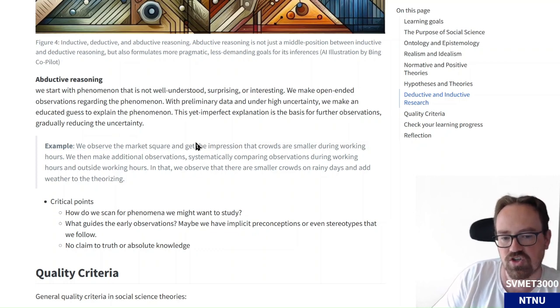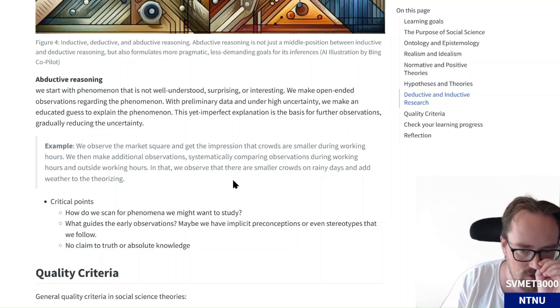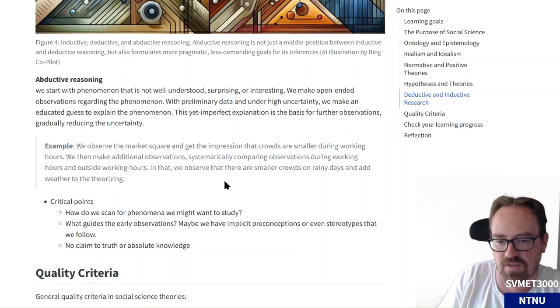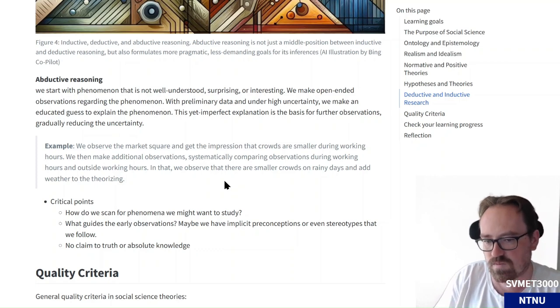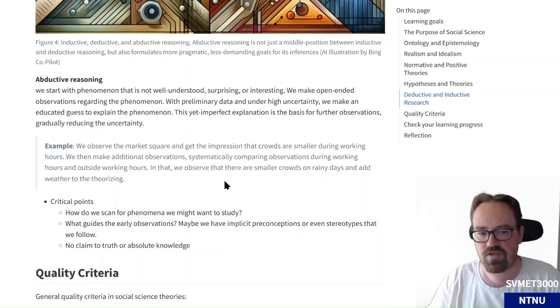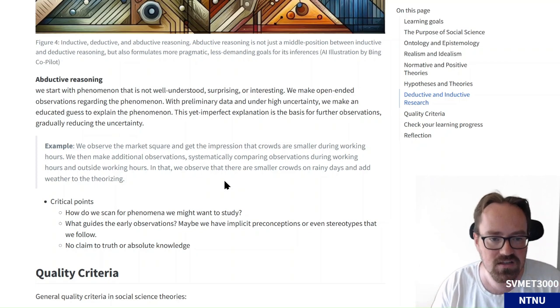We then make additional observations, systematically comparing observations during working hours and outside working hours, because that was now our initial yet imperfect explanation. And there we observed that there are also smaller crowds on rainy days. And so we add the weather to the theorizing, a lot like we added the seasonality in the inductive reasoning.